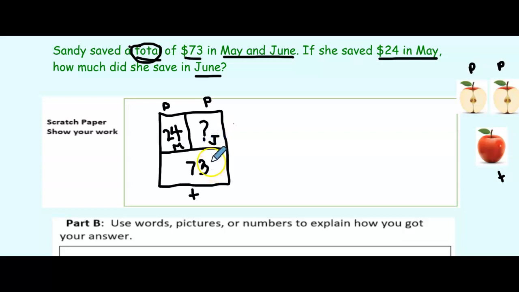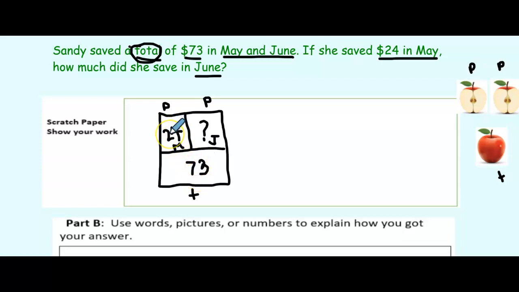Now, boys and girls, can you remember how we figure out what the question mark number will be? We know the total amount, and we know one of the parts. How can we figure out the other part? Well, if we know the total amount, and part of that total was cut away or taken away, what do we need to do?